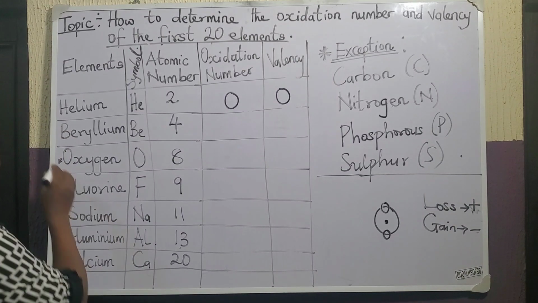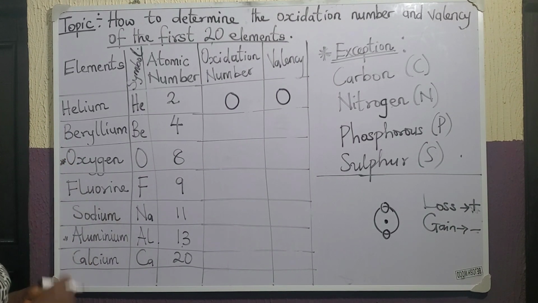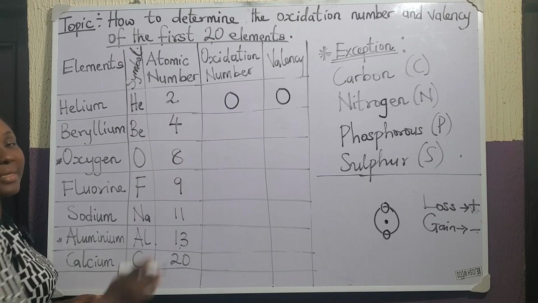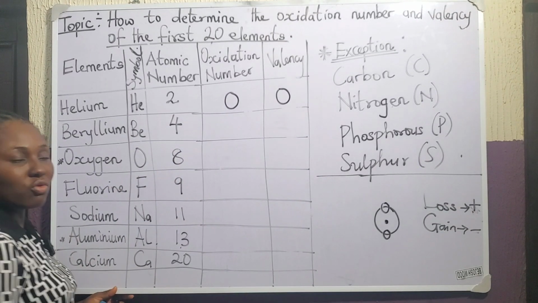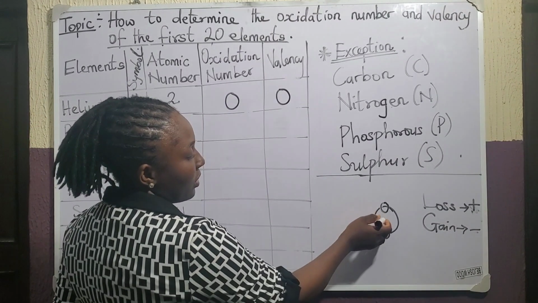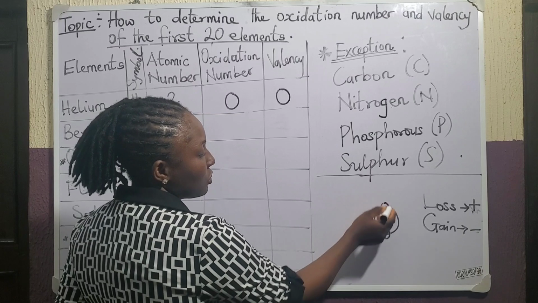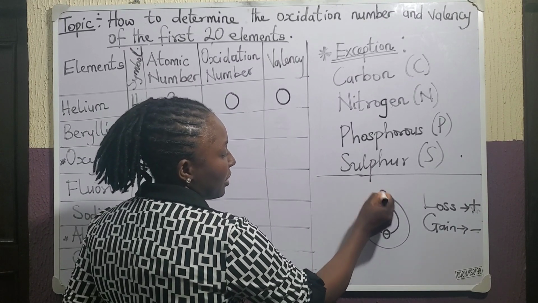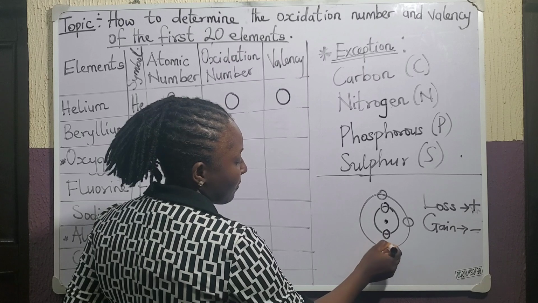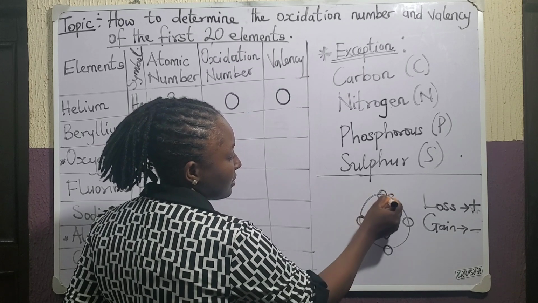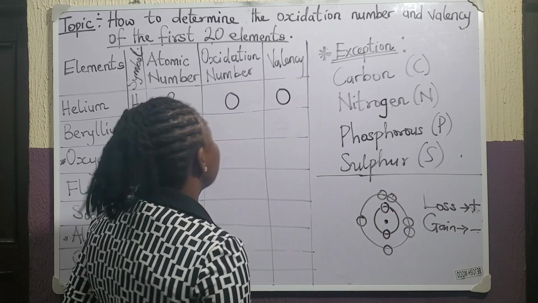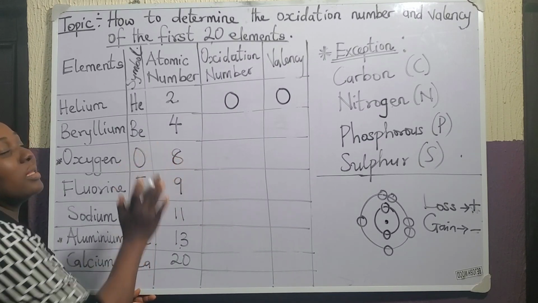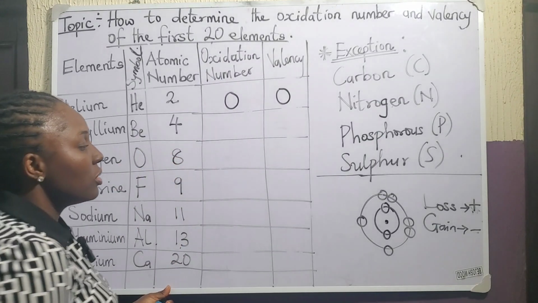Okay, let's look at oxygen. Oxygen with atomic number 8. Let's draw the structure of oxygen. We have the nucleus, 1, 2, so we put another shell, 3, 4, 5, 6, 7, 8. A neutral oxygen atom has 8 electrons.